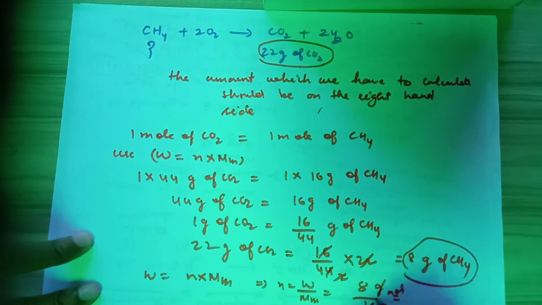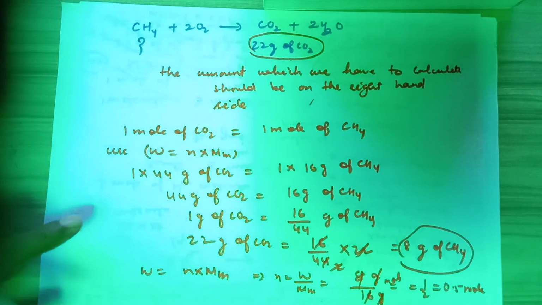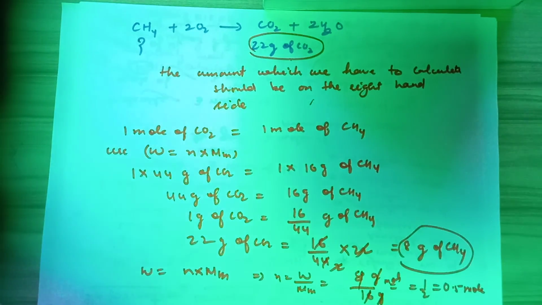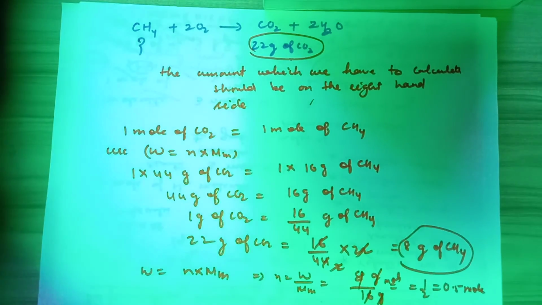So grams and grams will cancel out. So it will be 1 by 2 or 0.5 moles. So in this way we can find or determine the given amount from a given general equation.